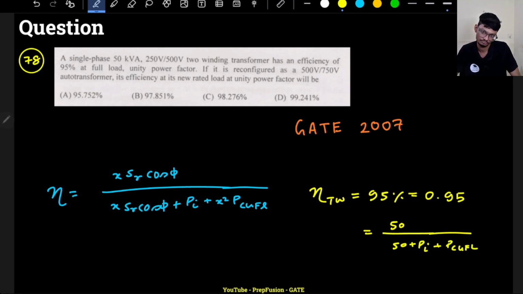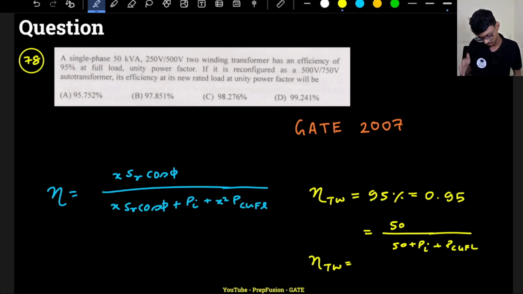X is 1. So overall losses for any transformer will be equals to this value, right? If I calculate it here, this value will come out to be 50. Just hold on.